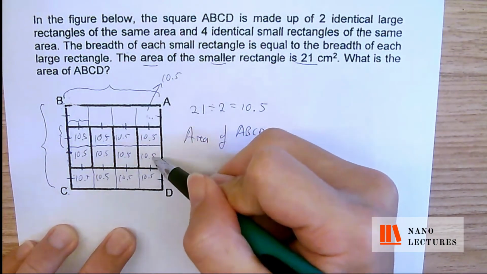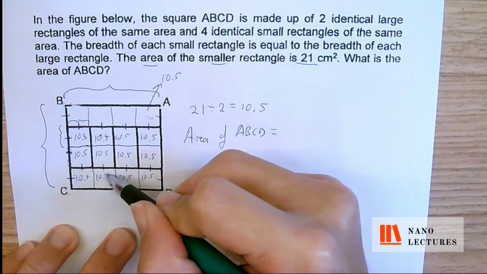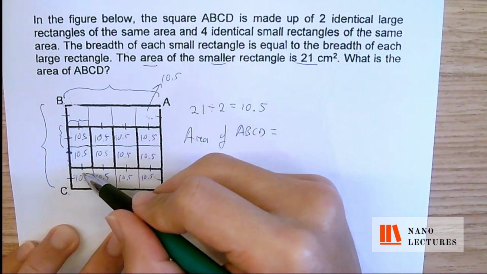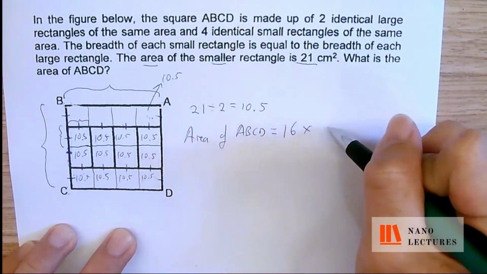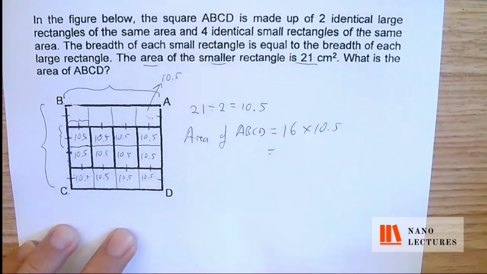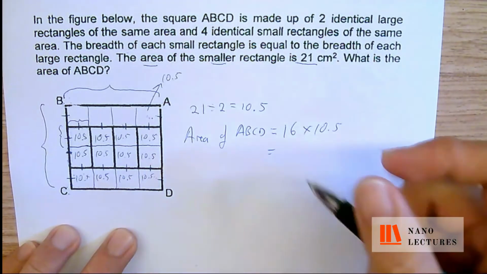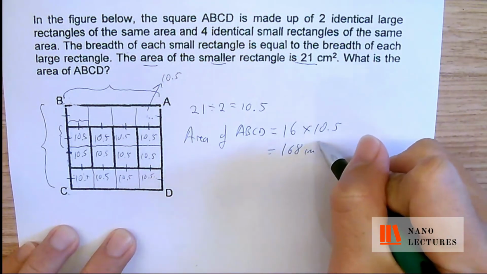This is 1, 2, 3, 4. This is 1, 2, 3, 4. Therefore, the total is 4 times 4, 16 sets. So it would be 16 sets of 10.5. Just throw that into a calculator. 16 multiplied by 10.5 will give us 168 cm squared.